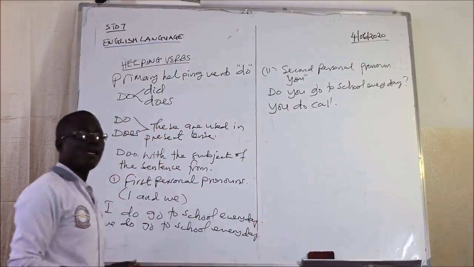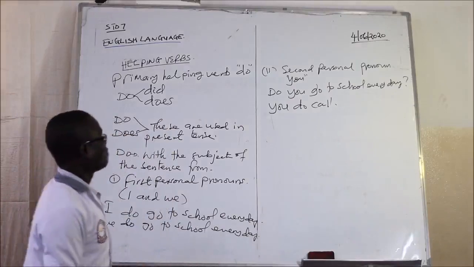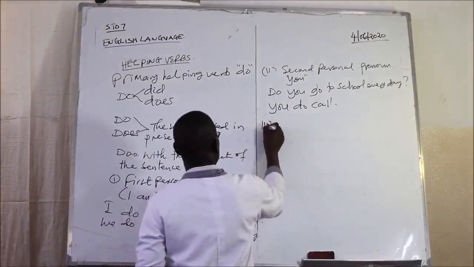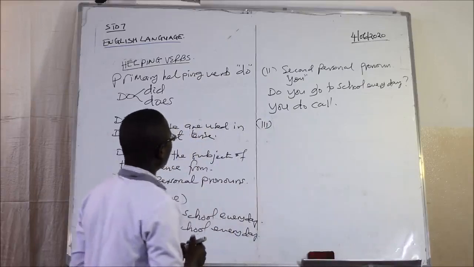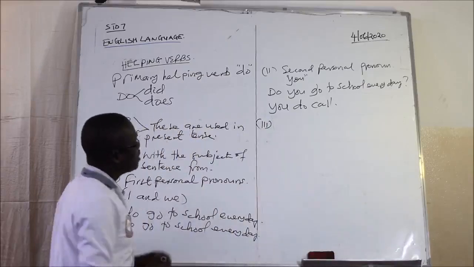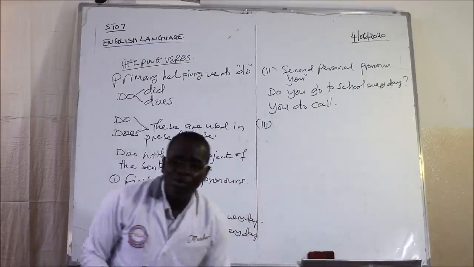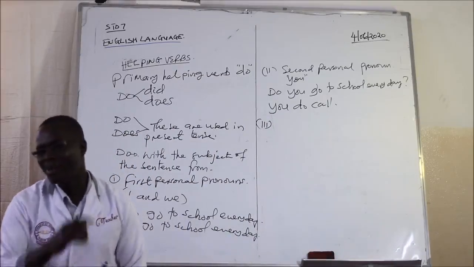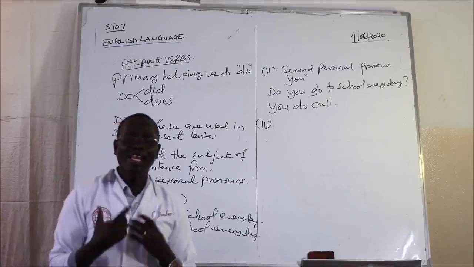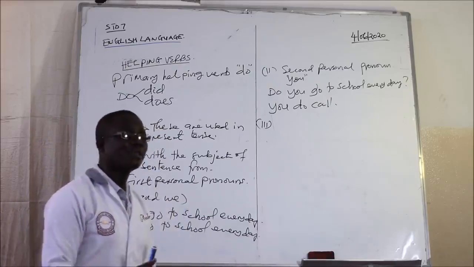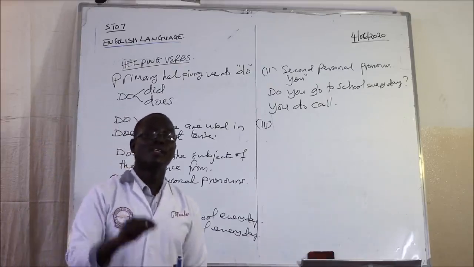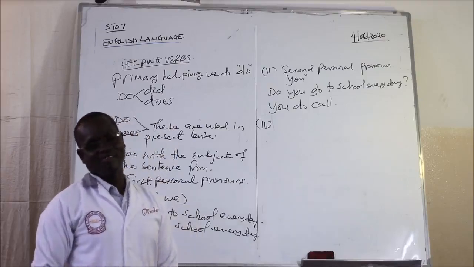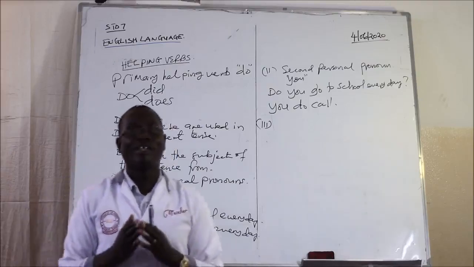Then we have got the third party where helping verb do is used, which is third personal pronoun. But not only any third personal pronoun. The third personal pronoun we are talking about here is third personal pronoun plural. Which one do you think it is? This is none other than pronoun they.